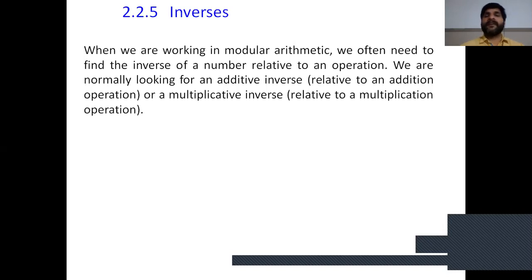Inverse. When we are working in modular arithmetic, we often need to find the inverse of a number relative to an operation. We are normally looking for the additive inverse relative to the addition operation, or the multiplicative inverse relative to the multiplication operation.